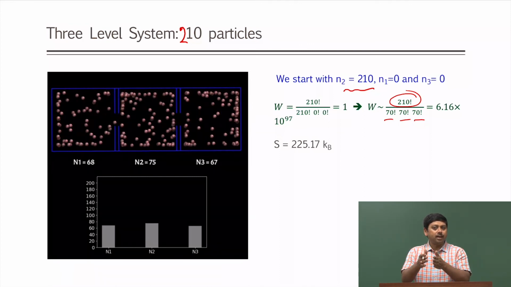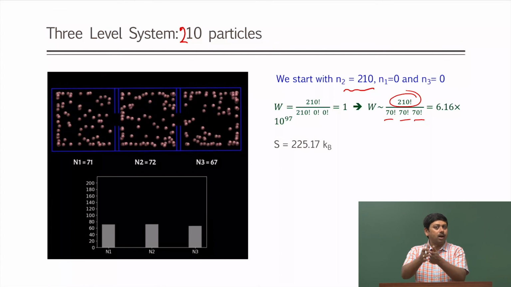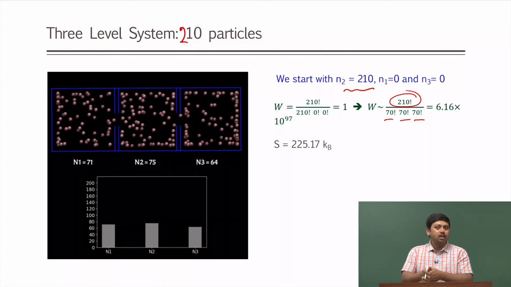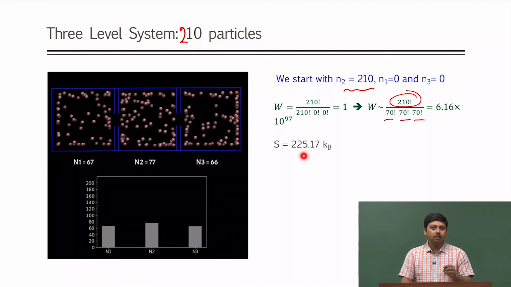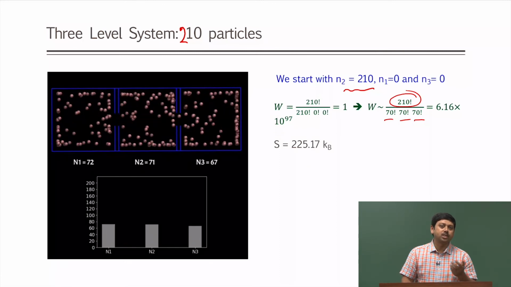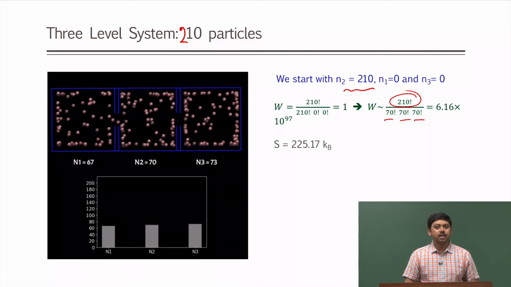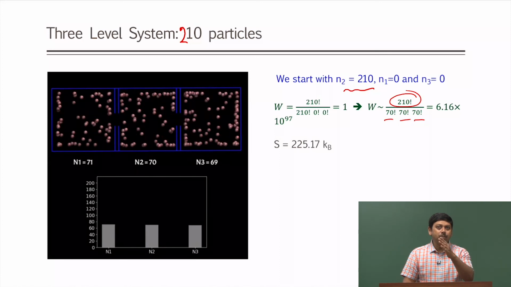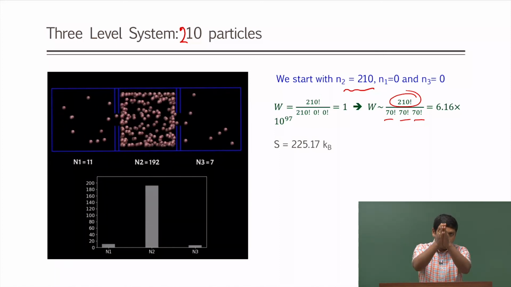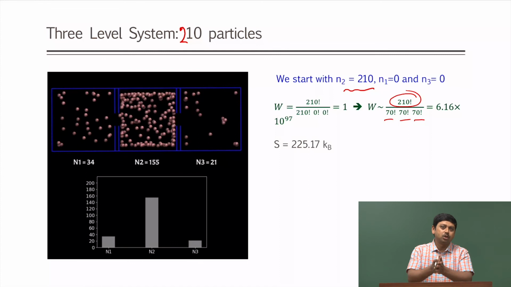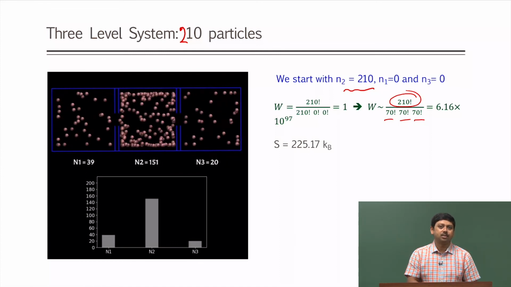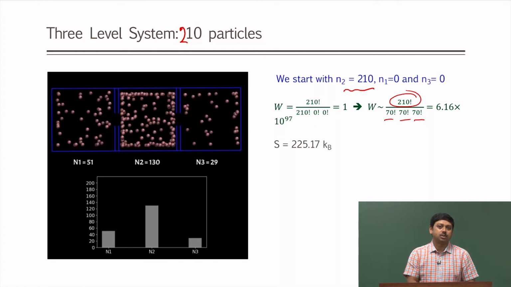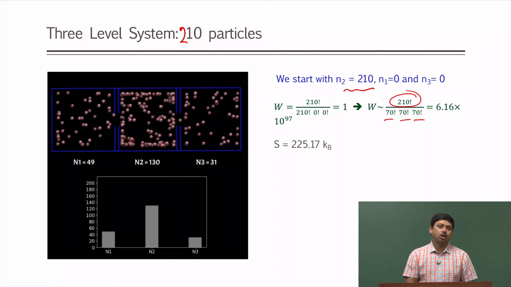But even if you take 1000 of them around it, it is not going to change the value of S significantly, because again the ln function, even if you have 10 to the power 3 distributions around your most probable distribution, is going to just add ln 10 to the power 3, ln 1000, it will not be much.